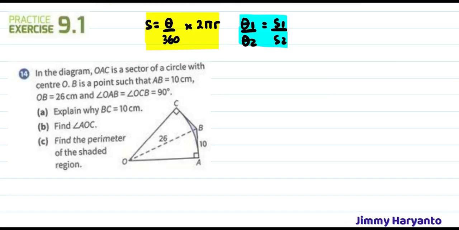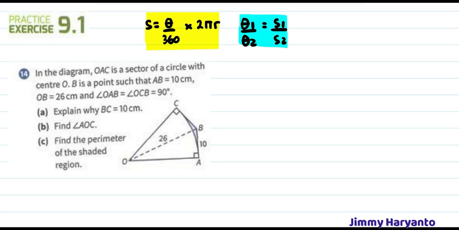Okay, we still have one more, the last question in practice exercise 9.1. Explain why BC equals 10. Why BC equals 10? Because this line divides the angle into two parts and they are equal.